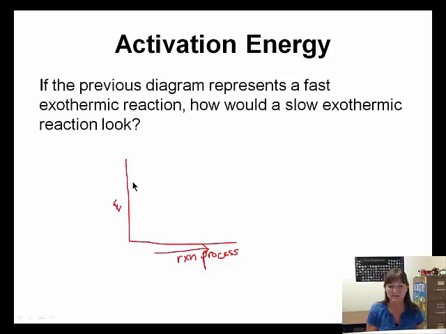So I'm just going to start up here because it tells me that it's exothermic. I'm going to pick an arbitrary point to start, and I know that my ending point better be lower, because in an exothermic reaction the products have to be lower than the reactants. Then I'm just going to draw a hump. But this one wants me to do a slow reaction, so I'm going to do a very big hump and come down here lower. I need the activation energy to be very high to be a slow reaction.